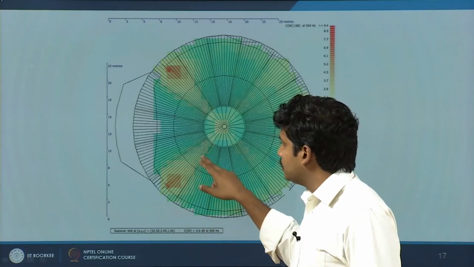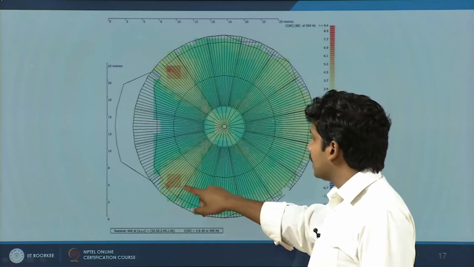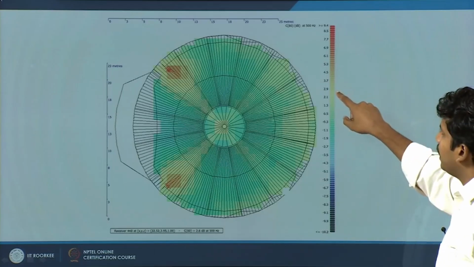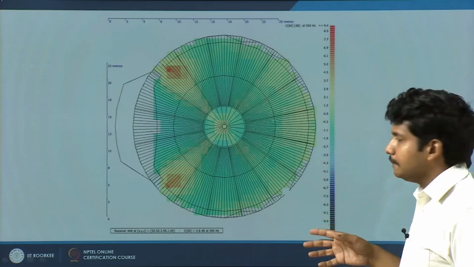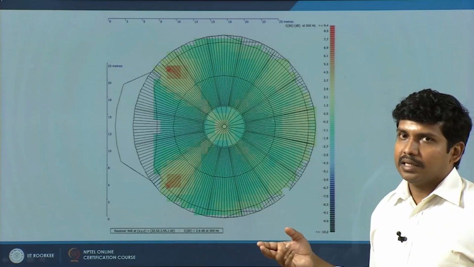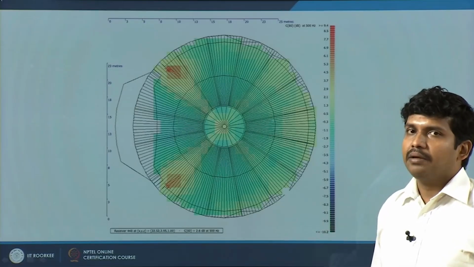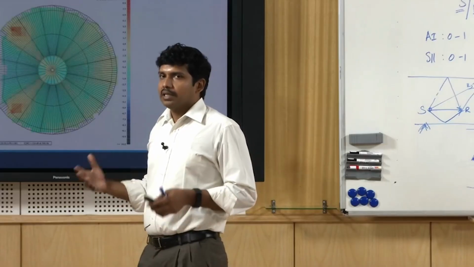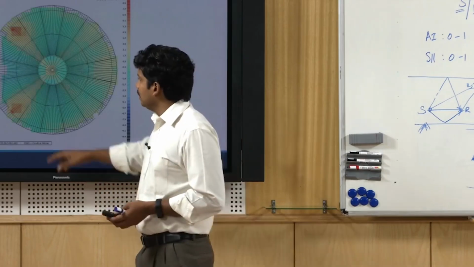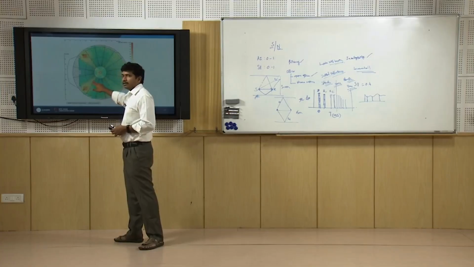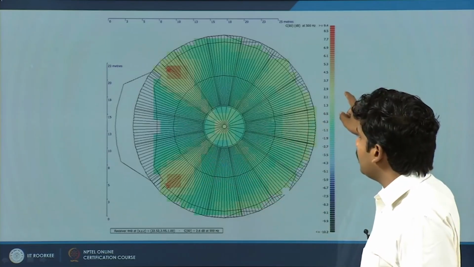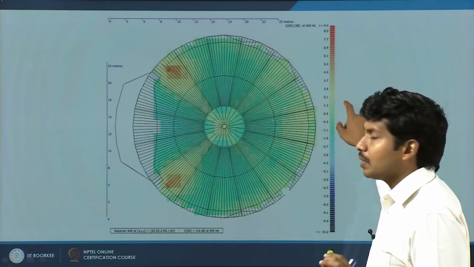Imagine you are sitting close to the speaker's throw, the clarity is pretty high, 2.93, which means it is okay. Essentially it is a signal to noise ratio: 0 or a negative number indicates the noise is more and the signal is less, which is not preferable. In these areas the signal is strong compared to the noise, so more or less your clarity values are okay.